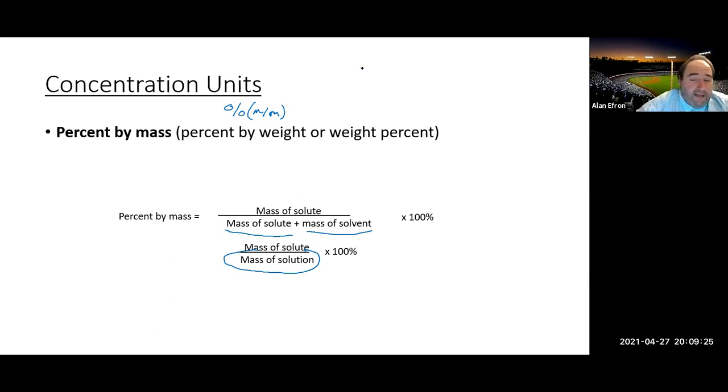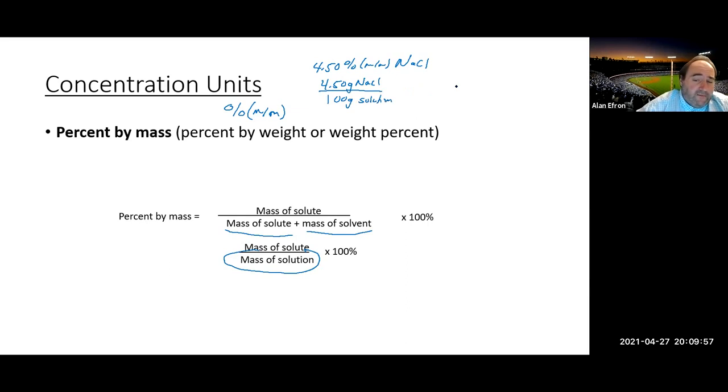So what does it mean if we did have a 4.5% by mass sodium chloride solution? You could actually turn this into a usable conversion factor. When we have a percentage, we assume 100, right? So if we had 4.5% by mass, that means there is 4.5 grams of sodium chloride in 100 grams of solution.